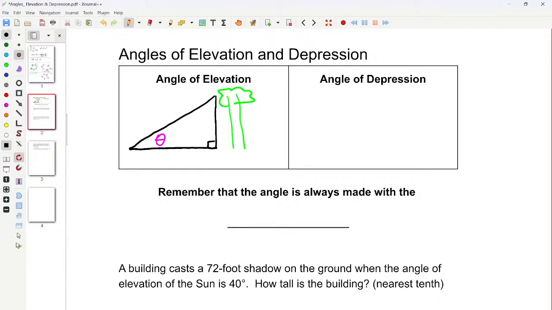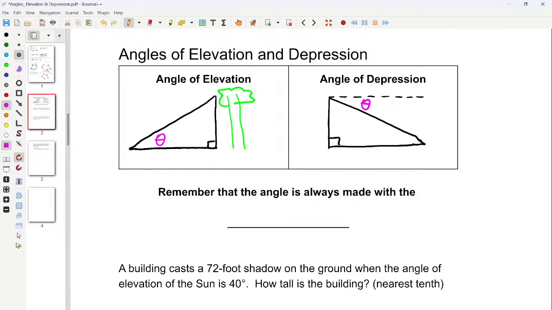Angle of depression. The way that makes sense to me is if I was in a tree, so very similar.